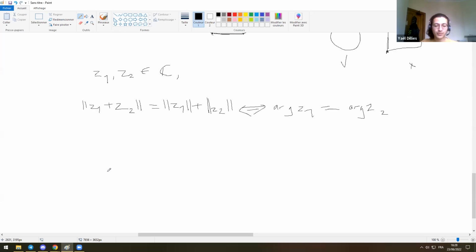So the corresponding picture is you have z1 here, and if you have z2 somewhere else, then you have a strict triangle inequality here.